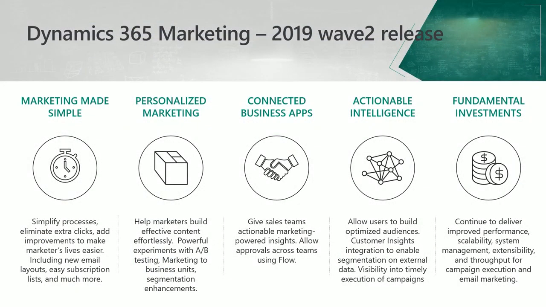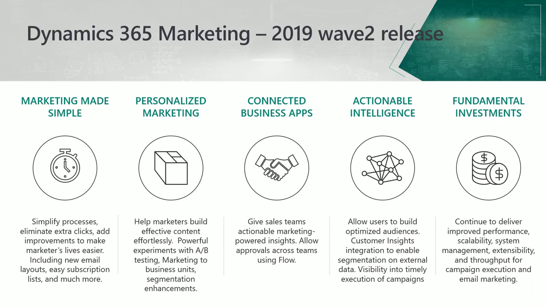So with this, I will give a quick glimpse of what our just released 2019 Wave 2 had. The key themes that we had were improving the usability all across for marketers, making it simple for them to build campaigns, design content, generate leads and see the insights.